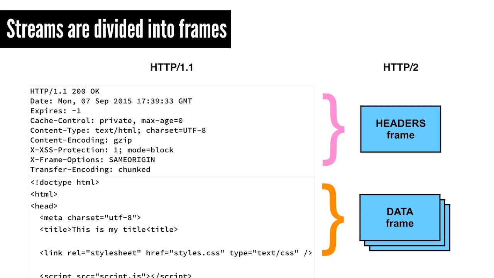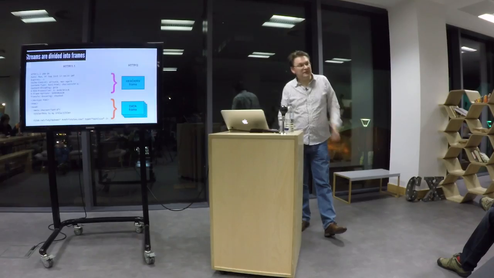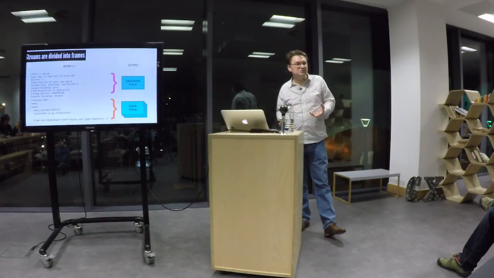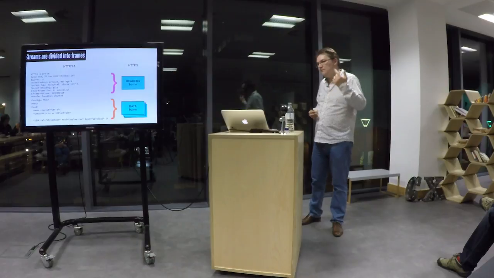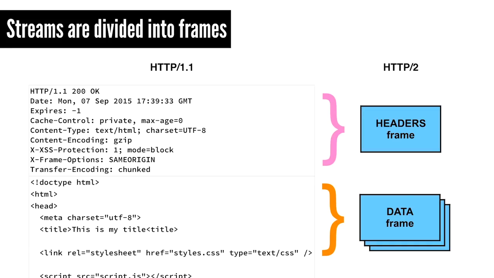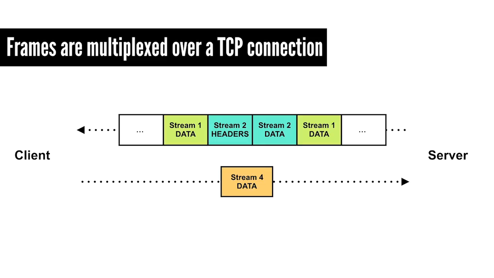In this case, we've got a headers frame and a data frame. So whereas in HTTP 1.1, the headers and the body are all mixed together, in H2, they're separate. They're different frames. And there are things like reset stream frame, there's push frame, there's frames to change the window size. And the frames, as I've said before, are multiplexed over a single TCP connection.